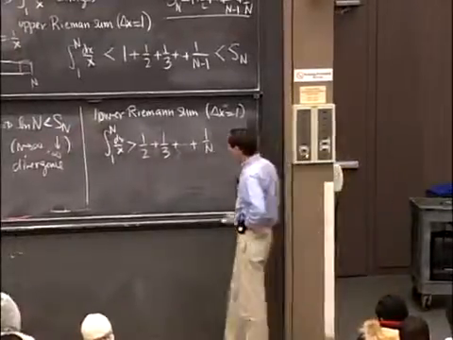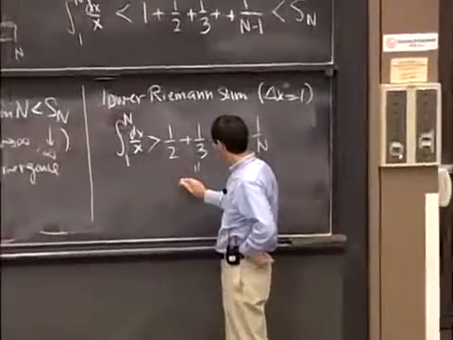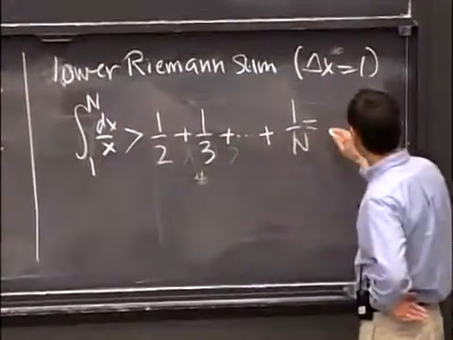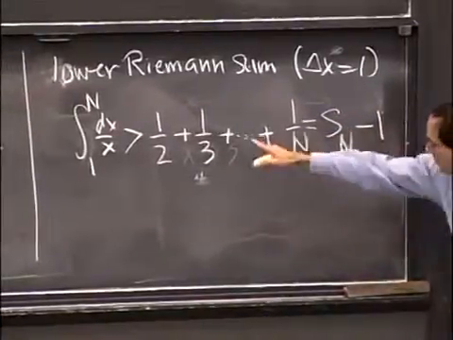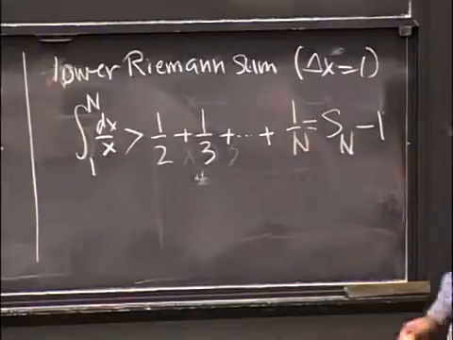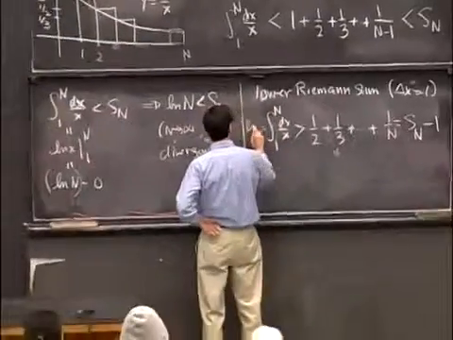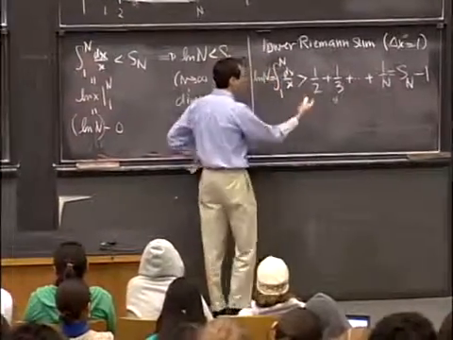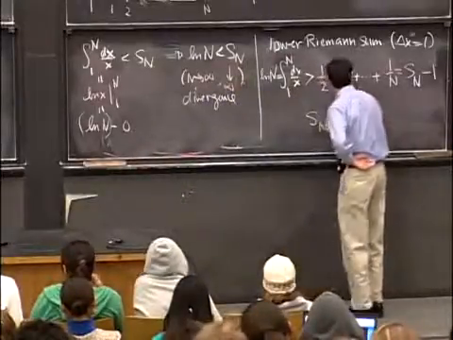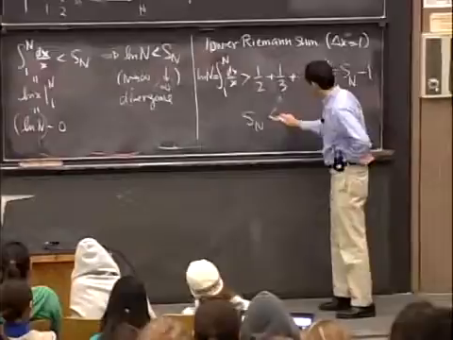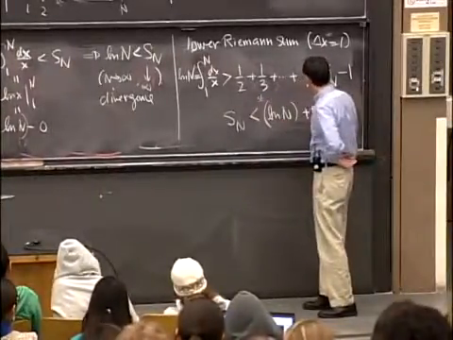And now we can recognize that this is exactly equal to Sn minus the first term. So we missed the first term, but we got all the rest of them. So if I put this to the other side, remember this is log n. If I put this to the other side, I have the other side of this bound. I have that Sn is less than, if I reverse it, log n plus 1.